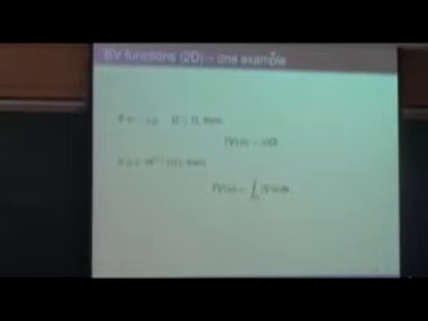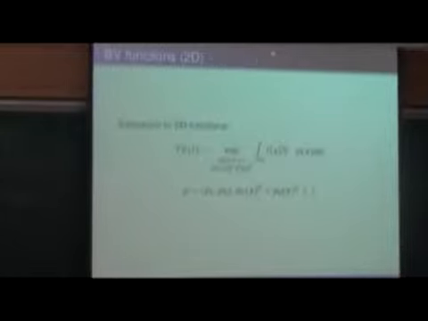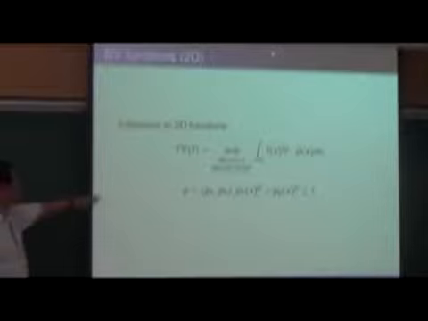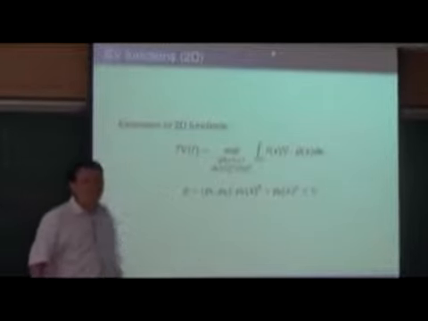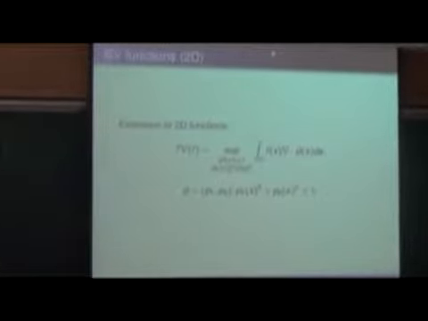Yes? Is this the definition from the previous slide? Is this called the bounded variation? No, this is the total variation. TV means the total variation of the function. Bounded variation, mostly written BV, is the bounded variation space. This is the total variation for a given function.